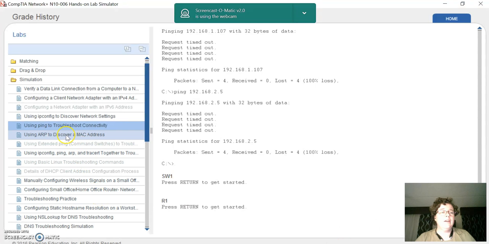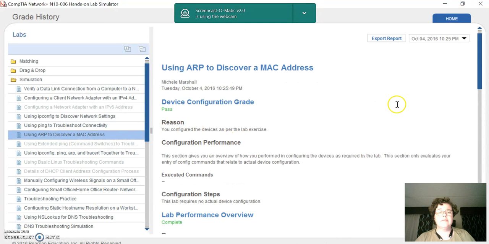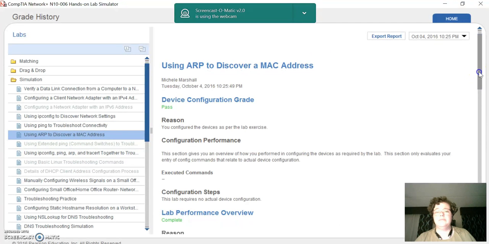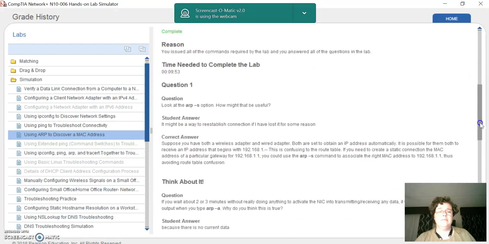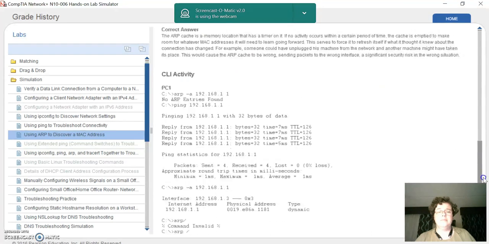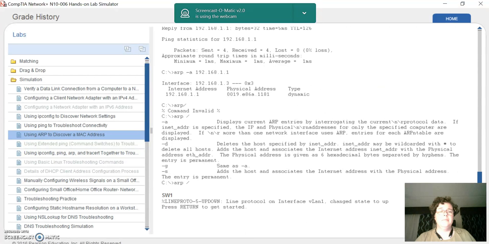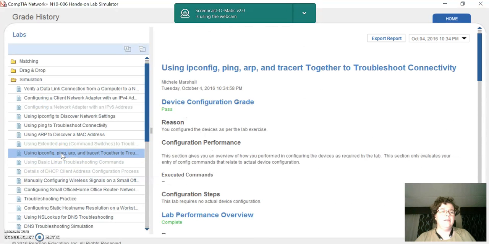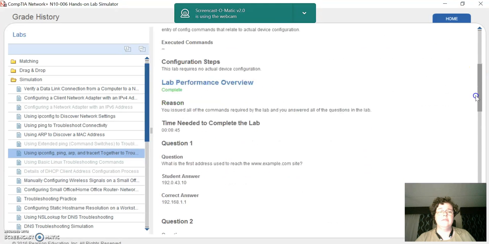All right, using ARP to discover a MAC address. Here's that. Using ipconfig, ping, ARP, and tracert together to troubleshoot. Here's that.